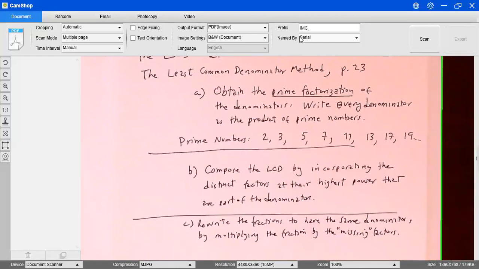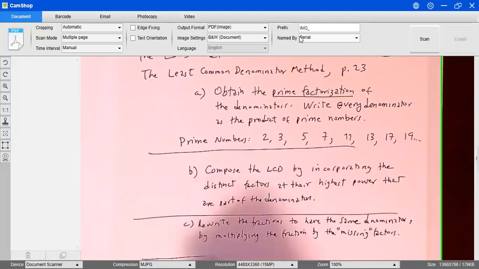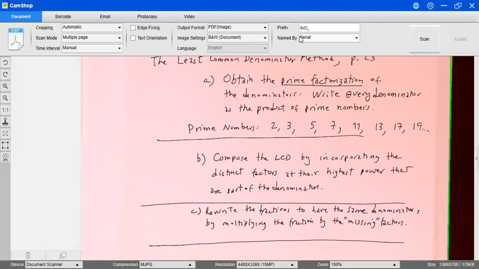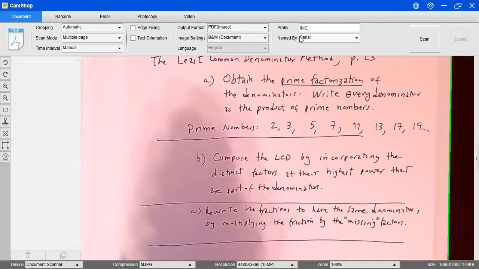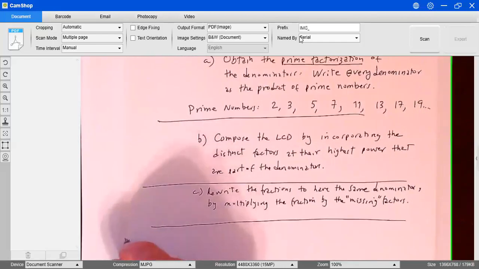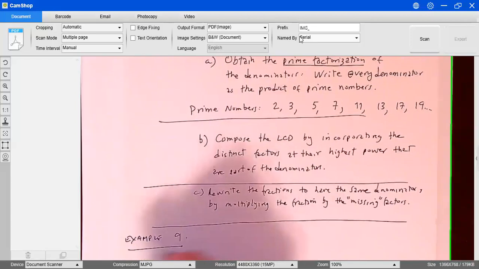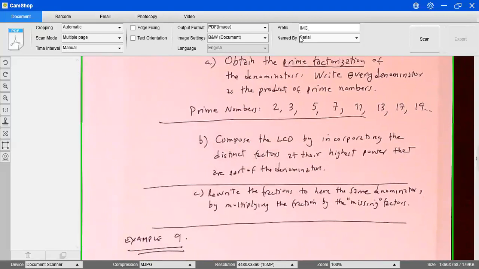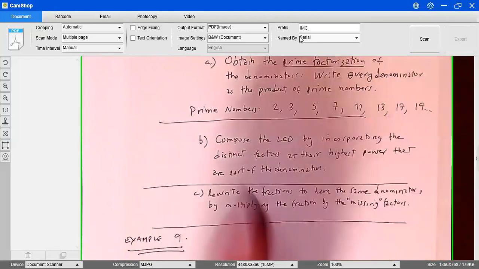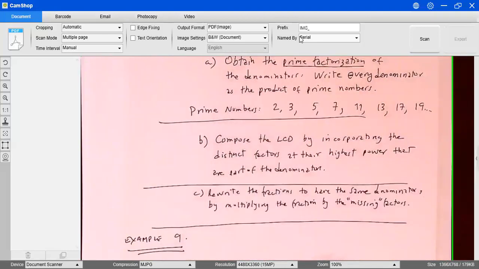What is the missing factor? This is something that is better understood when we solve examples. So let's solve example 9. I'm just writing this rule. These steps are just for you to have in your notes. Once you understand the example, you go back and read this, and you're gonna see that these steps make sense.